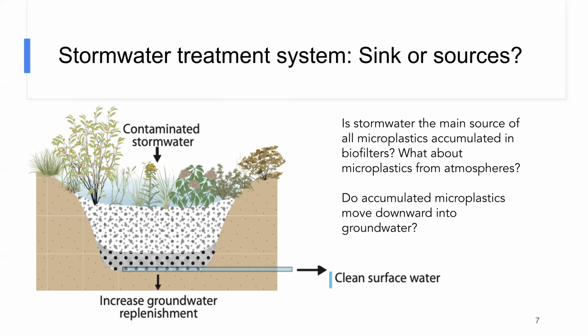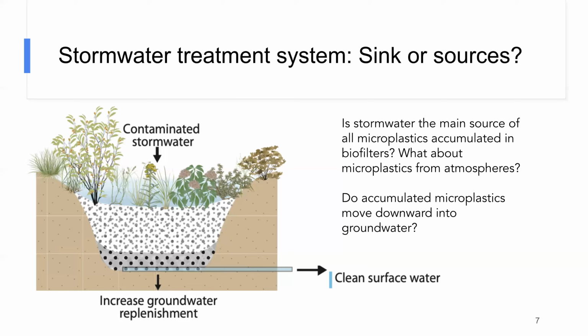And second, one of the biggest factors these systems are designed for is to increase groundwater infiltration, so that there's less flooding from overland flow, and also more drinking water. So these systems are typically designed by putting sand or sandy soils here, so that it allows infiltration to occur, or rapid infiltration.